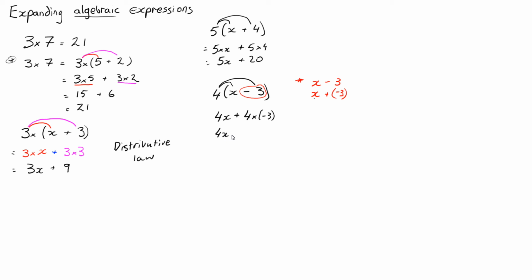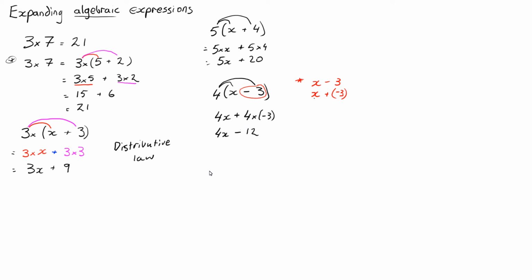I've got 4x, and then 4 times 3 is 12, but it's 4 times minus 3, so it's actually minus 12. And if I'm adding negative 12, I can just write that as subtract 12. I'm taking a few shortcuts in there, so just be very mindful when you're dealing with negatives or subtractions.